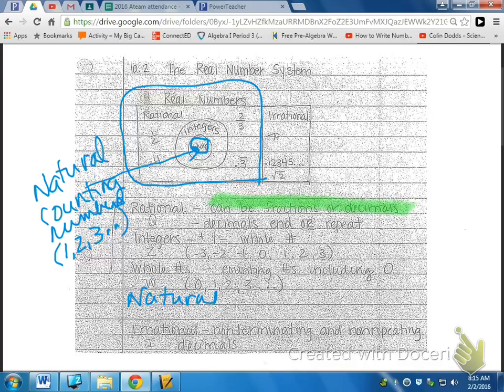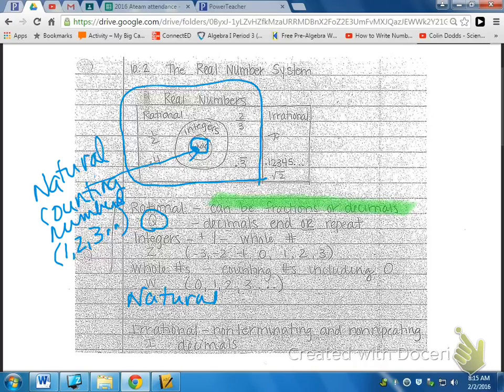So rational numbers are anything that can be written as fractions or decimals. When you identify them, not only in the workbook page that you'll be doing for homework, but also on the quiz, usually for rational, strangely enough, we use the letter Q. We don't use R. R stands for real.